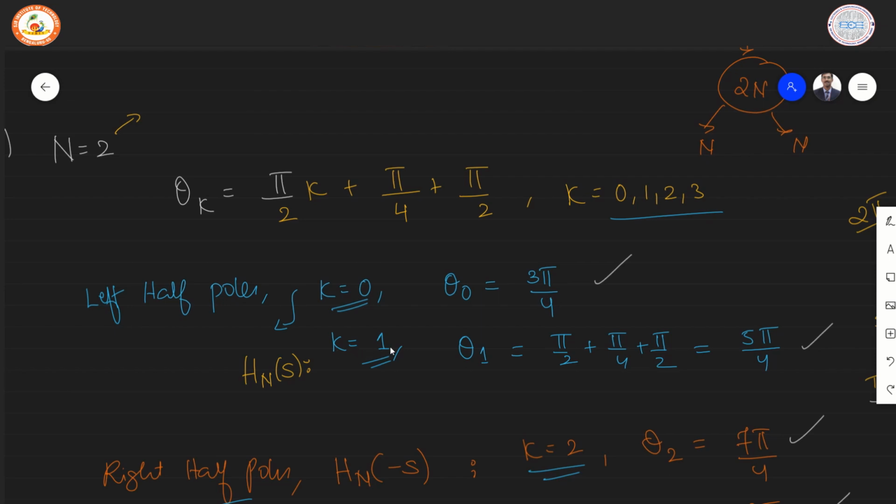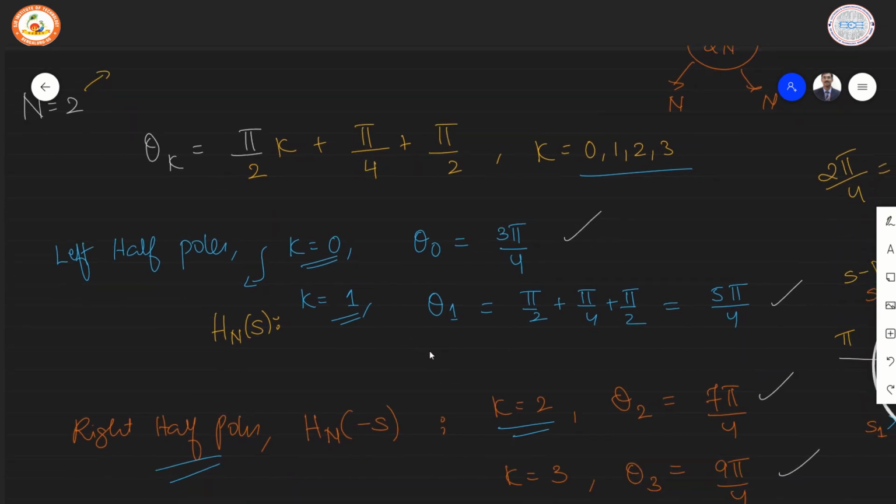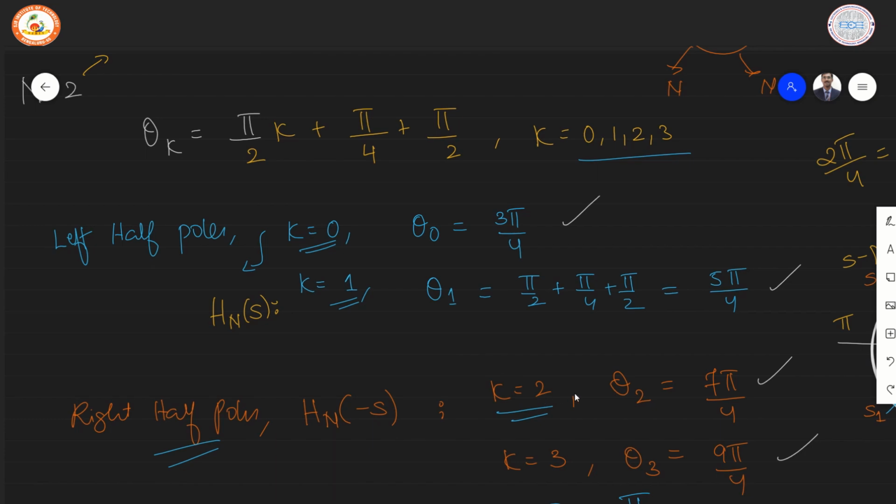When you substitute k equal to 1 in the above expression, it is the sum of pi by 2 plus pi by 4 plus pi by n, and the answer we'll get is 5 pi by 4. So the denominator here is nothing but 2n, and 2n is equal to 4. Similarly, when you substitute k equal to 2, we get theta 2 equal to 7 pi by 4, and theta 3 equal to 9 pi by 4 respectively.